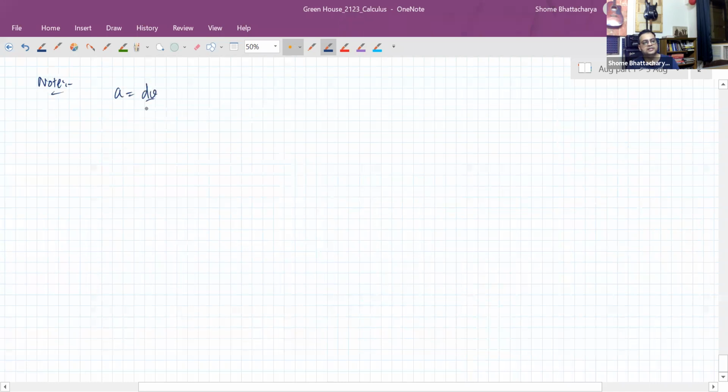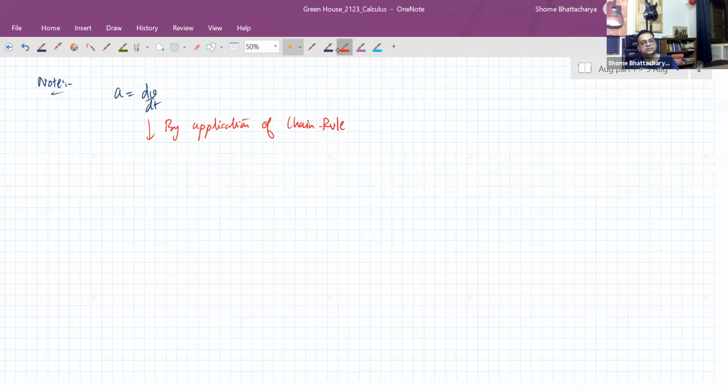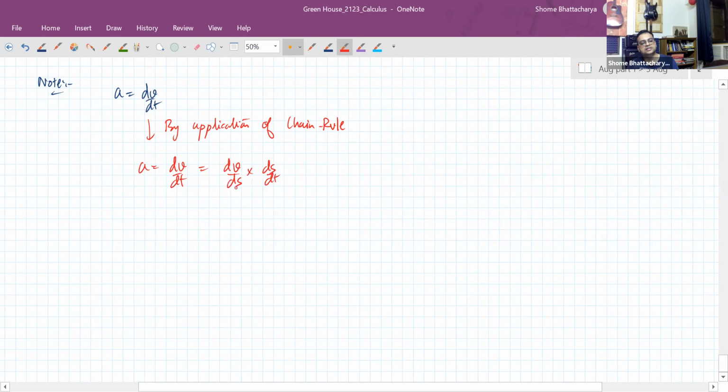acceleration is dv by dt. If we apply the chain rule, you can also see that acceleration can be expressed as dv by ds into ds by dt. This is our chain rule step: dv by dt is dv by ds into ds by dt.